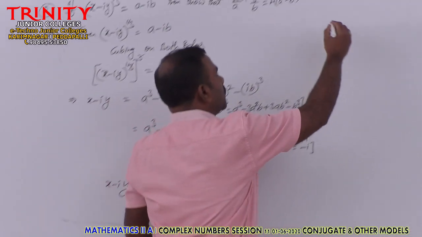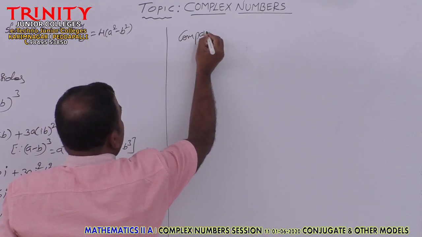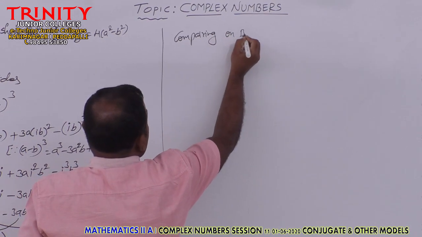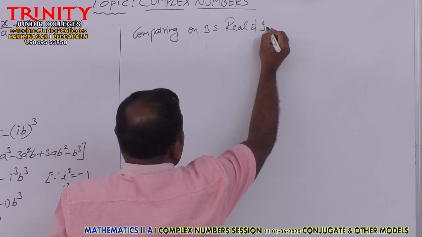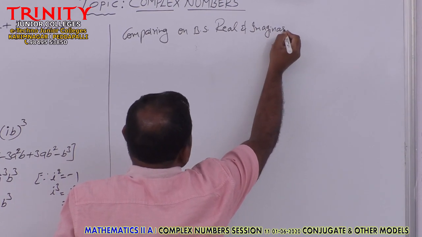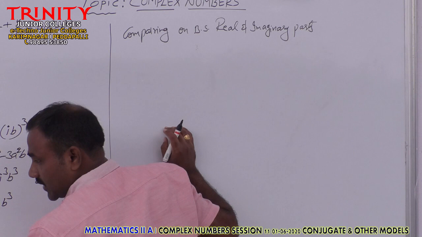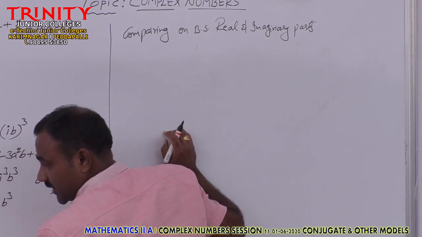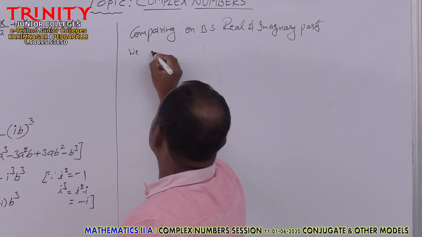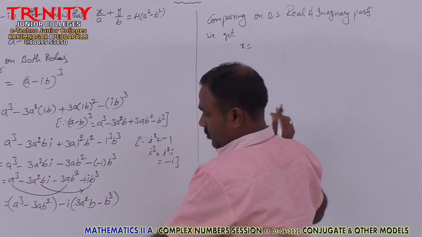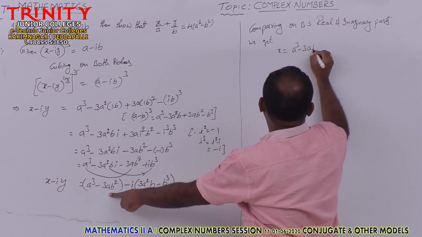Now, comparing on both sides, real and imaginary parts. Now the real part, here it is x, on the right side the real part is a cube minus 3ab square. We get x is equal to a cube minus 3ab square.